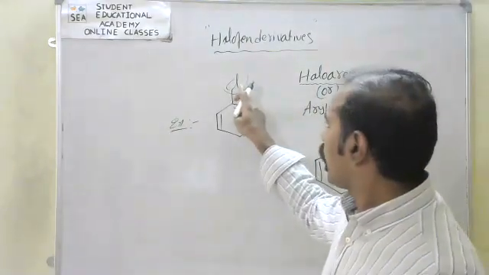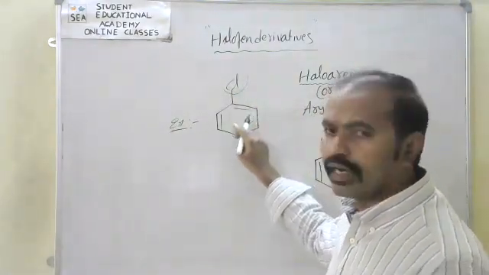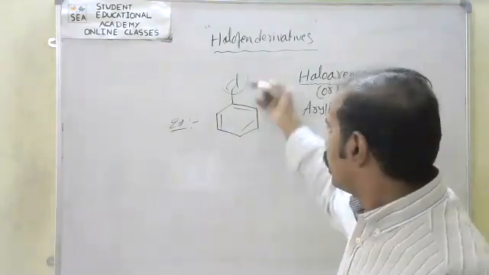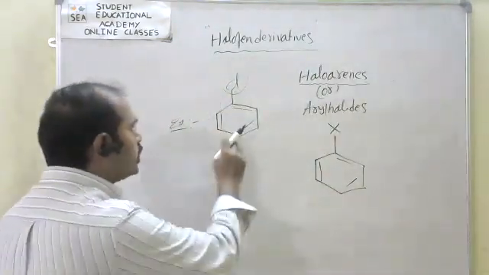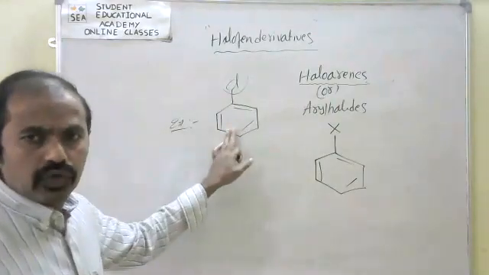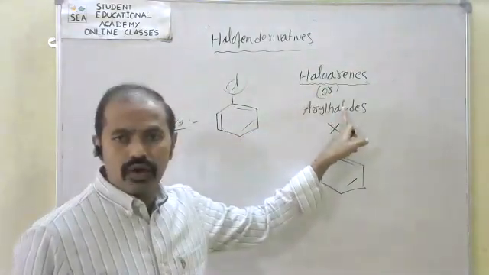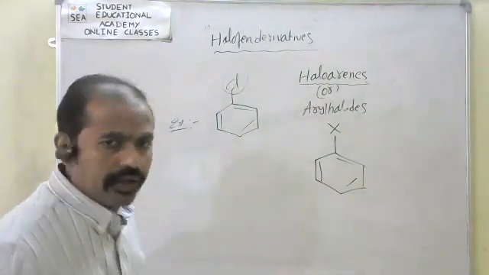There also the halogen is directly bonded with the benzene ring. So it is called haloarene or aryl halide.